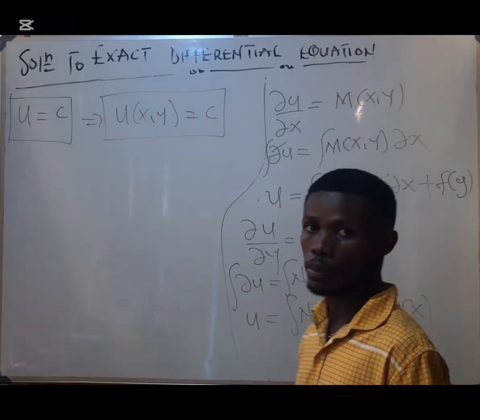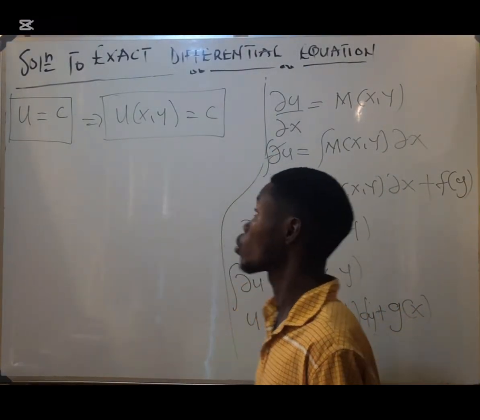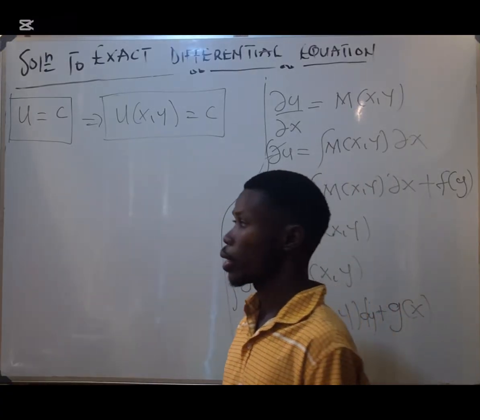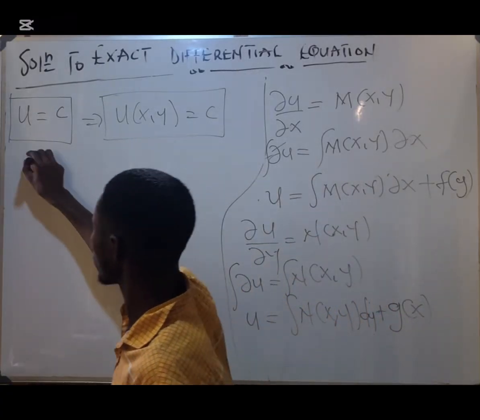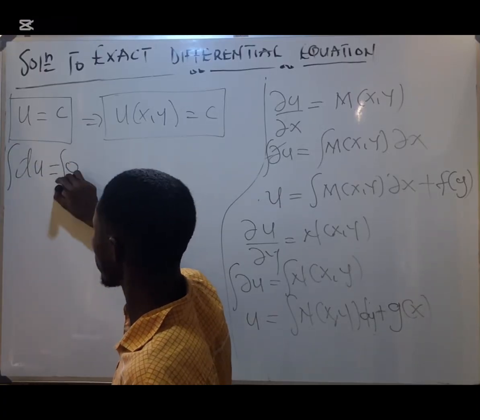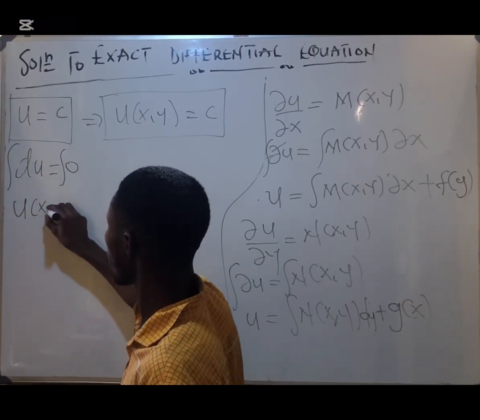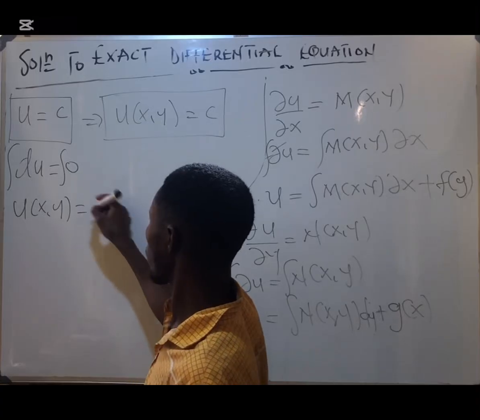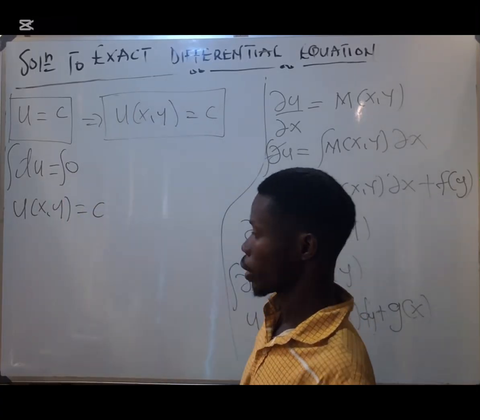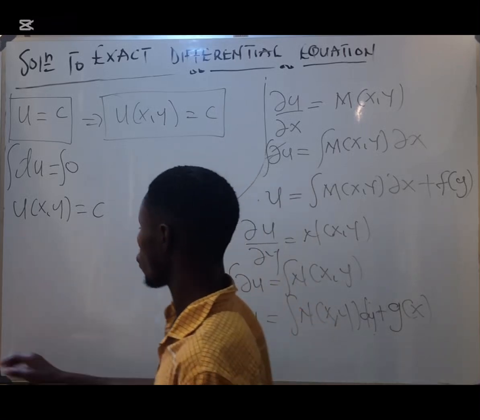Take note of that. And you know where we got this from? It came from the fact that du equals 0. So when we take the integral on both sides, we have u in terms of x and y equal to the constant, because when I integrate 0, it's 0 plus the constant. So that's where that is coming from. Take note of that.